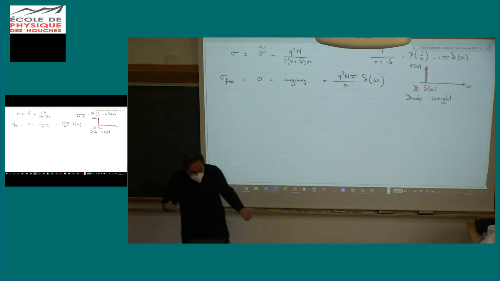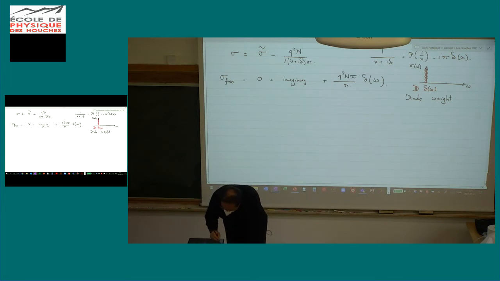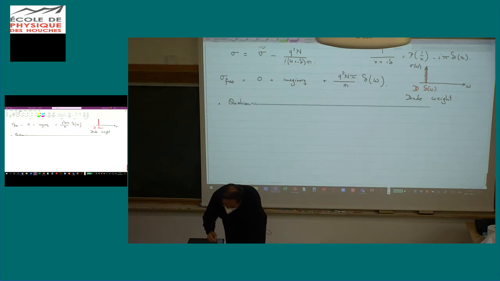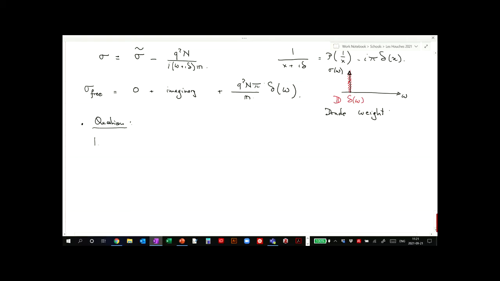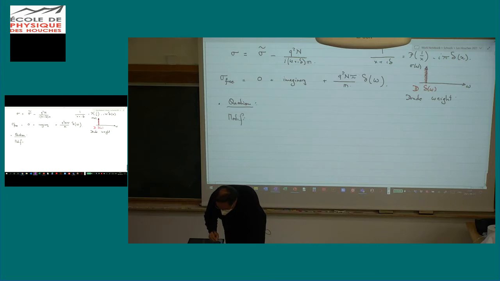One of the big questions, and I will show you experiments, is how sigma is modified by scattering, interactions, and so on.